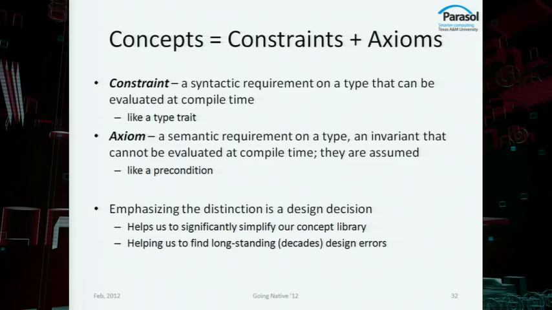So one thing we got was, let's look at it. A concept is a set of syntactic constraints plus some axioms specifying the required semantics. Now, before you get the wrong idea, an axiom in math is something you don't prove.